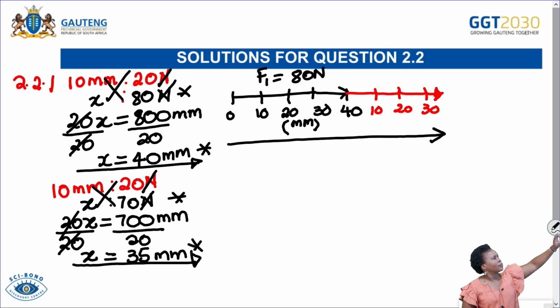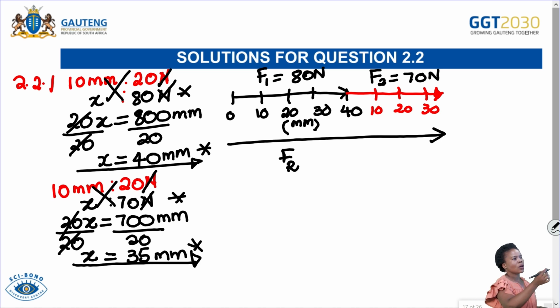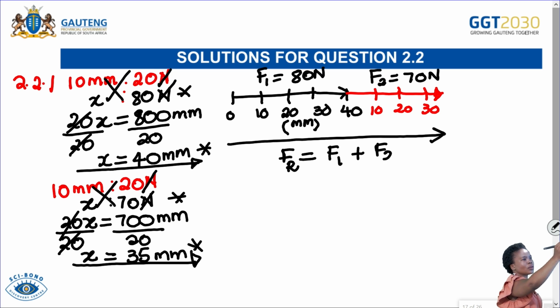Okay, and then this is your F1 and this is your F2, which was initially what? 70. So here's your F2, which is equal to 70 newtons. Okay, so this one is therefore going to be your FR, which is your resultant force, which is going to be equal to, let's calculate it. We're going to say F1 plus F2. Remember, both these forces are going in the same direction, so both of them have to be positive.